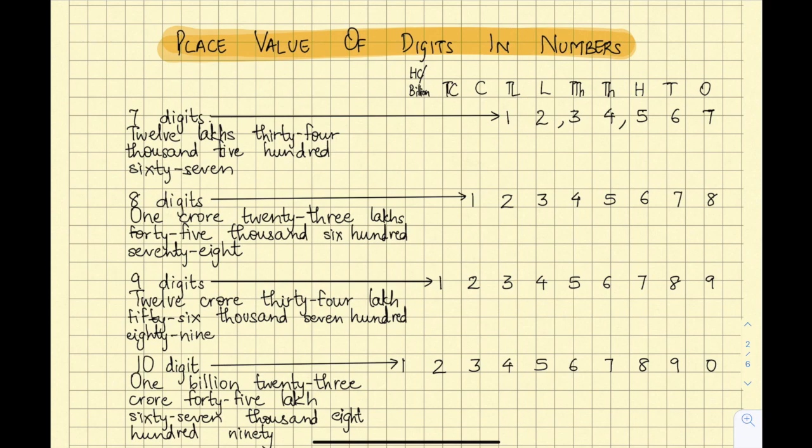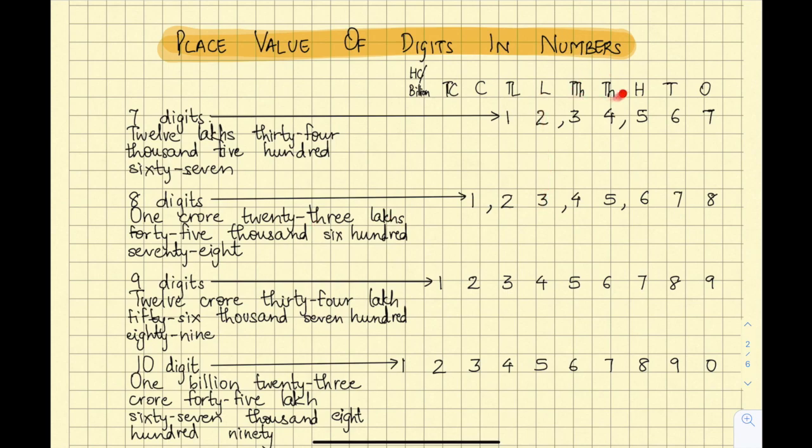Now we move on to the 8 digits. So here I have written the digits 1, 2, 3, 4, 5, 6, 7 and 8. Let's place commas here. Ones, tens, hundreds, comma, 1,000, 10,000, comma, lakh, 10 lakh, comma, and then crore. So here in place of crore we have 1, so it is 1 crore. In place of lakhs, 10 lakhs and lakhs we have 2 and 3, so that is 2 tens are 20 and then 3, 23 lakhs.